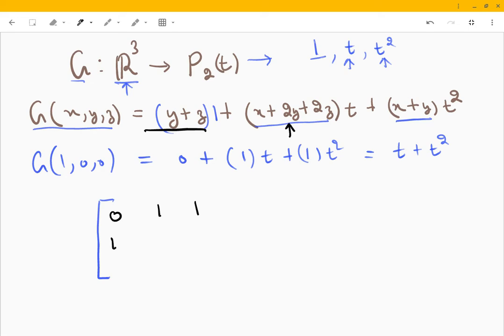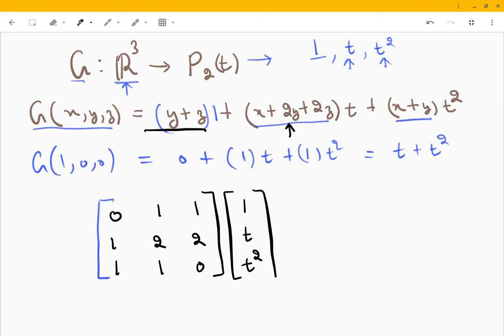Similarly here x is 1, 2, 2, and then here we have 1, 1, and 0. And in the background, I have dogs, so just ignore them. Okay, my bad, this is not what's happening. Here I have x, y, z, and these are being mapped to these, right?